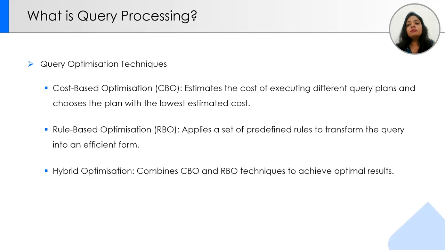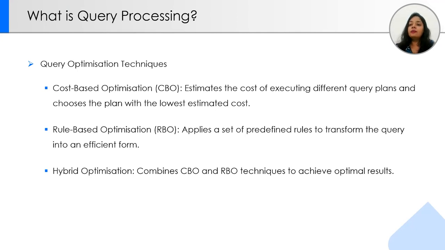So as the name depicts, when it comes to cost-based optimization, the cost of executing different queries is considered, and the plan with the lowest estimated cost is selected. When it comes to rule-based optimization, it follows predefined rules, and these rules are basically to transform the query into an efficient form.